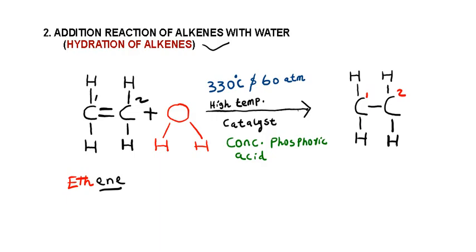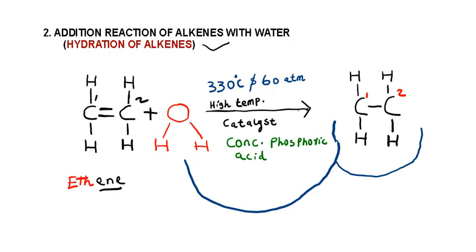Now, what will happen is, this water here will break. If it breaks, part of it will get bonded to this carbon number 1, and part of it will get bonded to this carbon number 2. So here, hydrogen will get bonded to this carbon number 1.